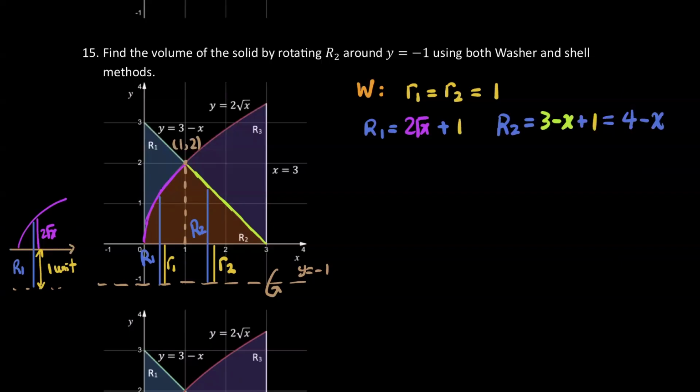And now we're ready to set up the integrals. Okay, the first one going from left to right, so 0 to 1, pi times big R squared. Okay, let me write it in pink.